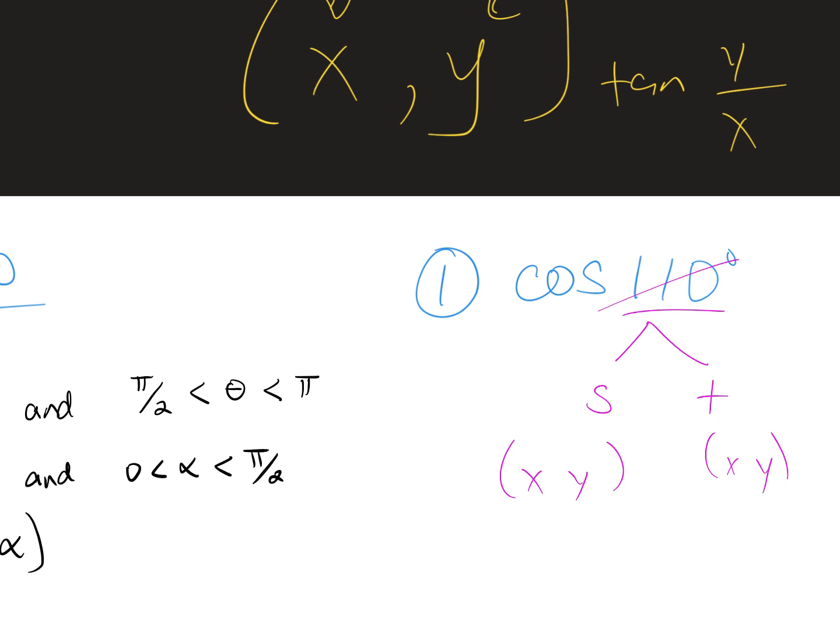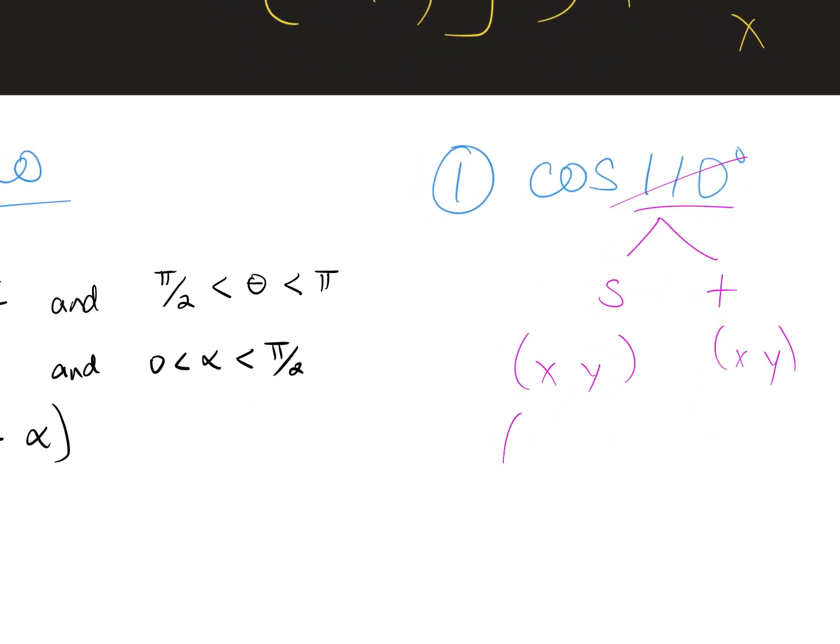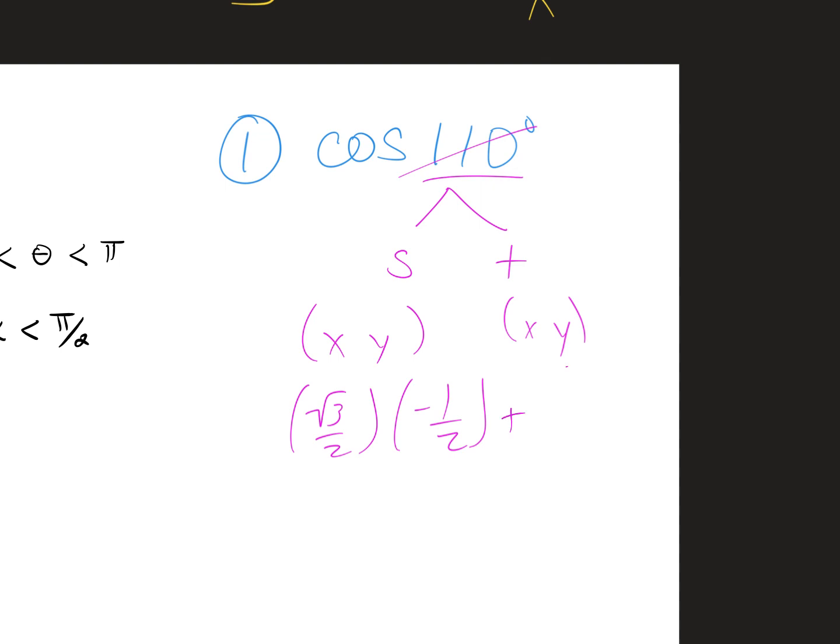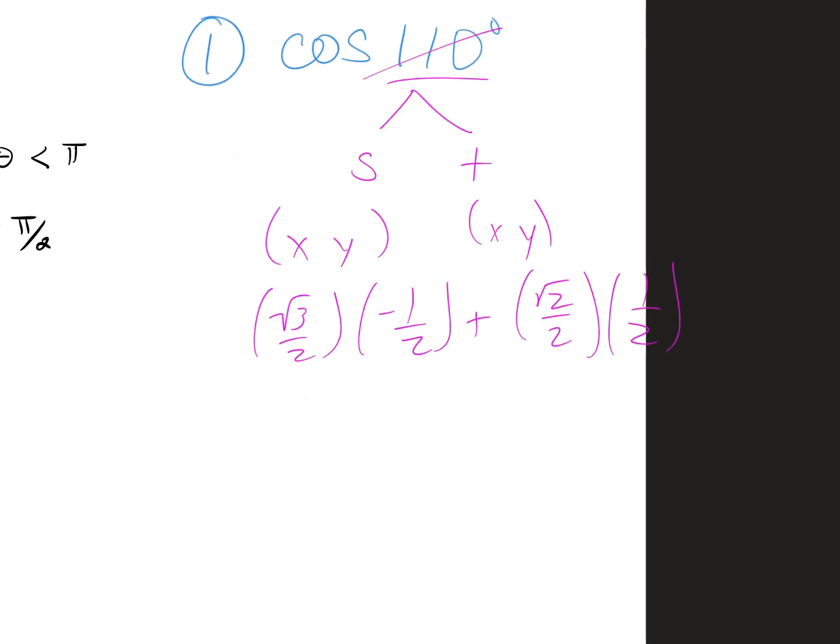So you might have, I don't know, square root of 3 over 2 times negative 1/2 plus root 2 over 2 times 1/2. Just say that happens. What would your answer look like? Well, you'd have negative square root of 3 over, what's 2 times 2? 4.